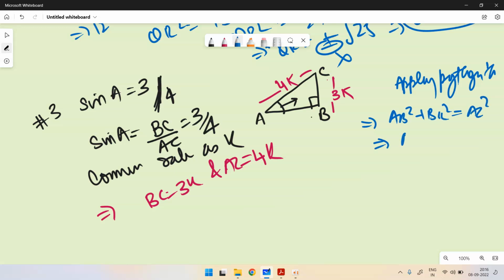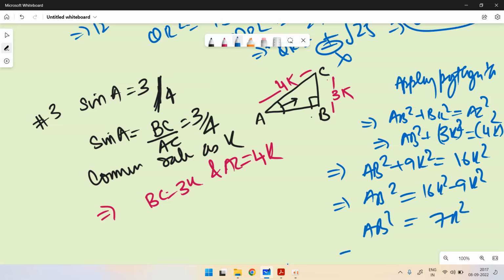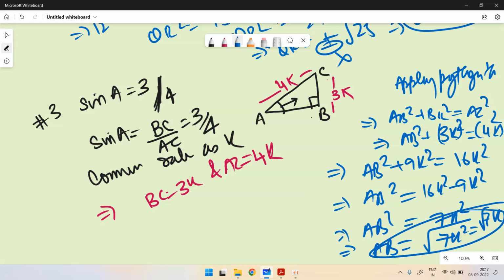I don't know AB, so I leave it: AB square plus 3K square equals 4K square, so AB square plus 9K square equals 16K square. So AB square equals 16K square minus 9K square, which is 7K square. Which implies that AB is the square root of 7K square, which is root 7 into K. So this value will be root 7K units.